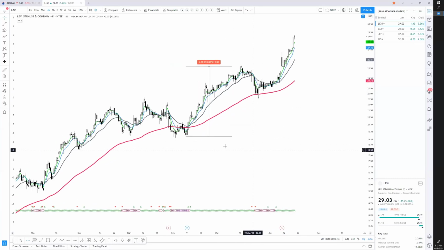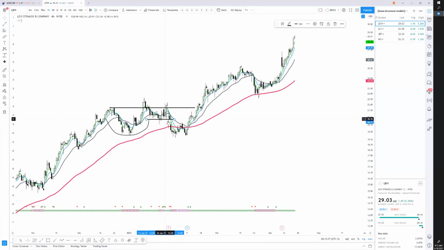The other one is a very good example of a pullback. So you have a cup structure here, a failed breakout, and it did not form a high handle, or was unable to form a high handle. Failed breakout here, lower high.